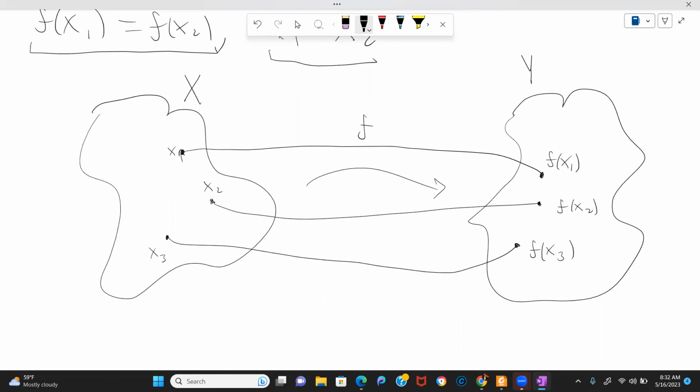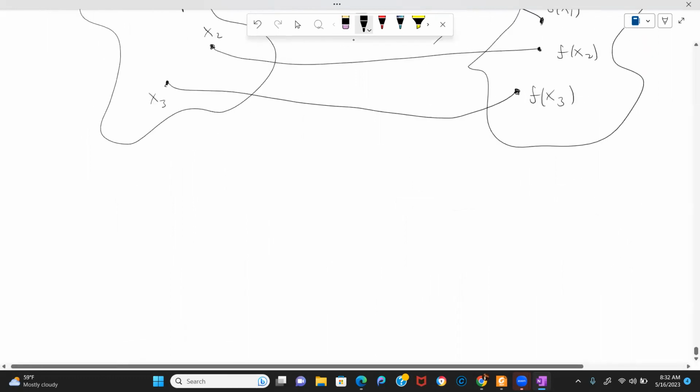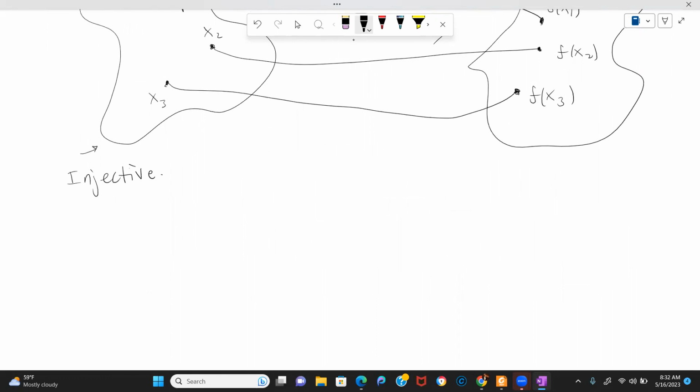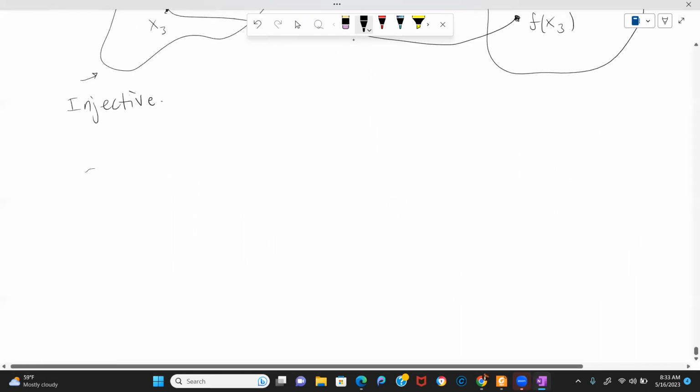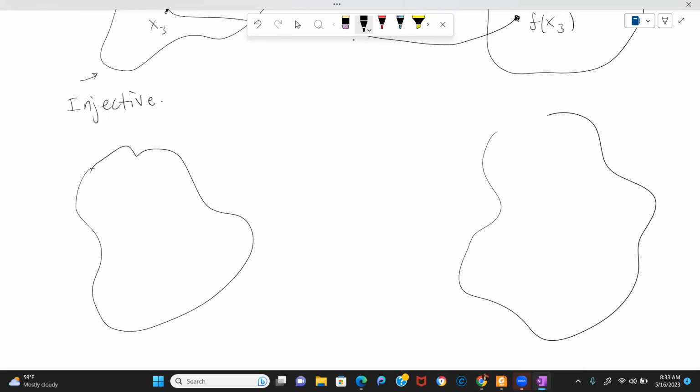You have these points, they're distinct. You have x1 here, x2, x3, and their outputs get sent to points that are distinct in the space y. So this would be an injective function. And injective functions are going to be embeddings. Let me draw the picture again without reference to specific points.